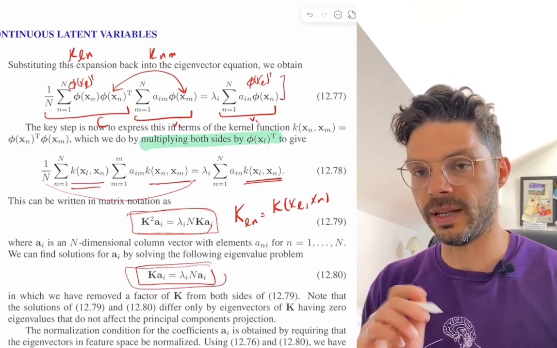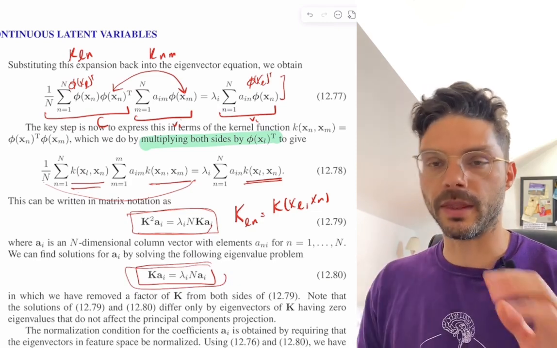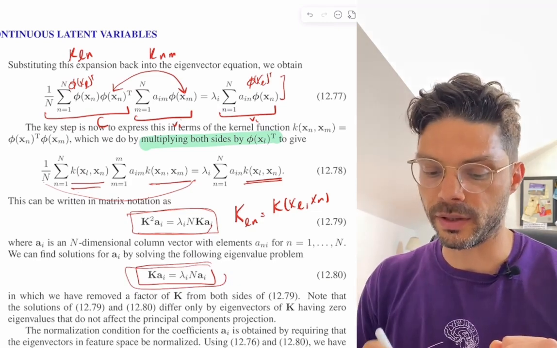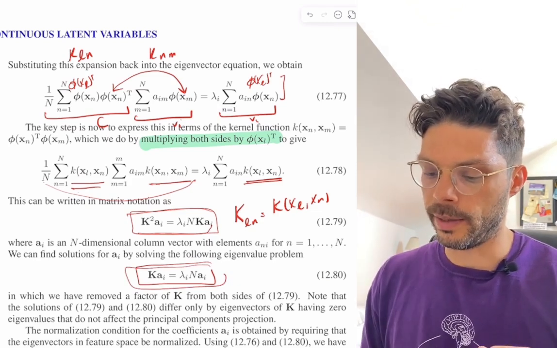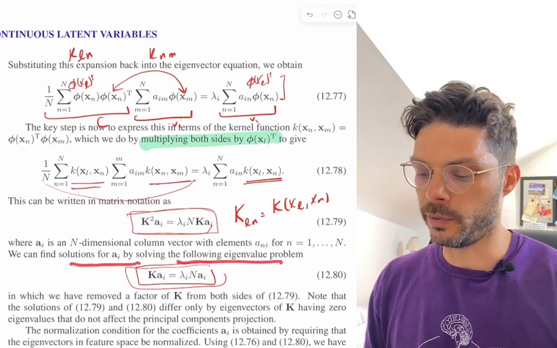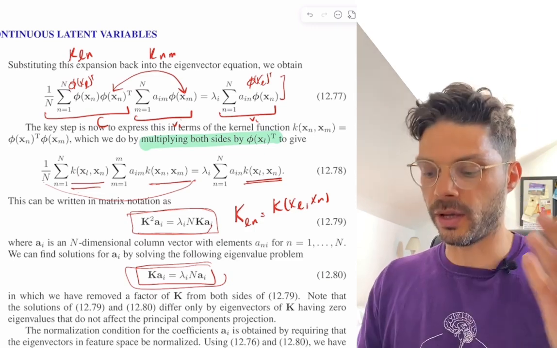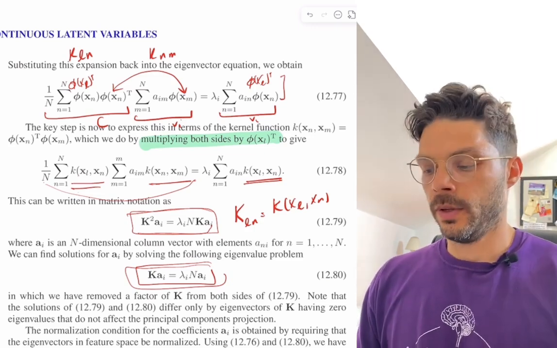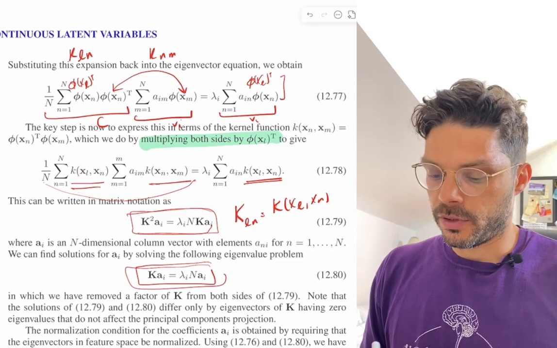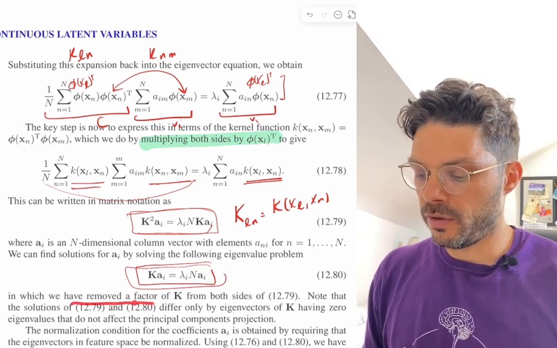Here those won't necessarily be solutions, but those don't actually make a difference. So we can find solutions for a by solving the following eigenvalue problem, where we multiply by K, even though K might be non-invertible strictly speaking, in which we have removed a factor of K from both sides.